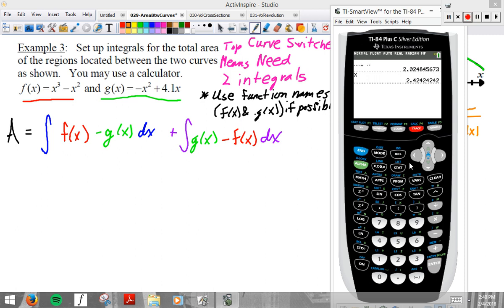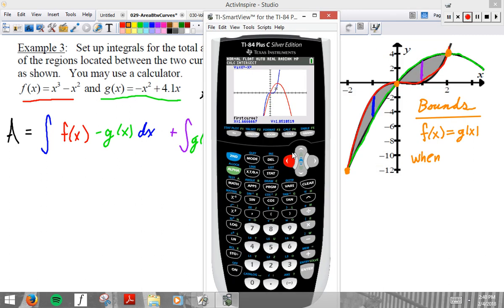Let's keep finding some intersections. The main other one I need is over here. You can use the picture, which sometimes you'll be given. We know we want to get a value close to -2. That looks like where the intersection occurs. Enter, enter, enter. And I get another value. Second quit.